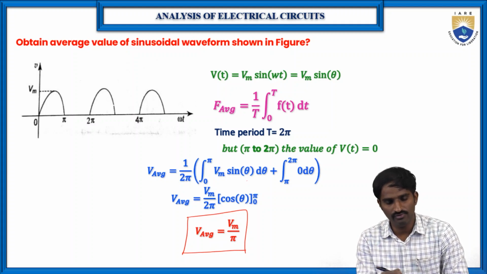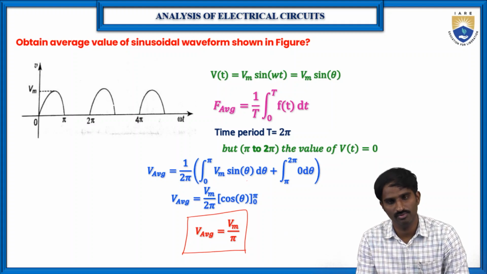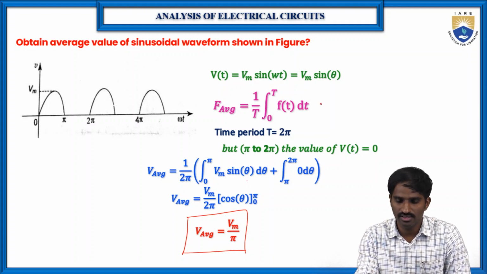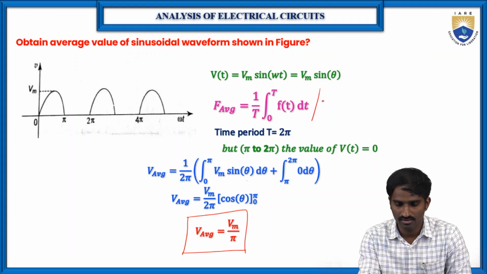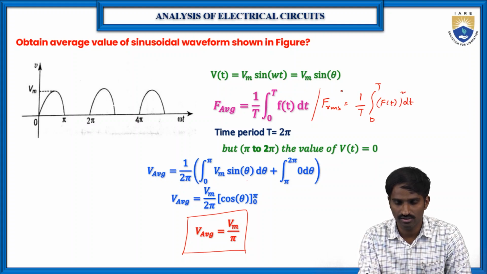The same way, if you want to find the VRMS for this particular waveform, of course they didn't ask in the given problem, but suppose they ask you to find the VRMS also, then let us consider FRMS, which is equal to 1 by T integral 0 to T of f of t whole square dt, whole to the power of 1 by 2.